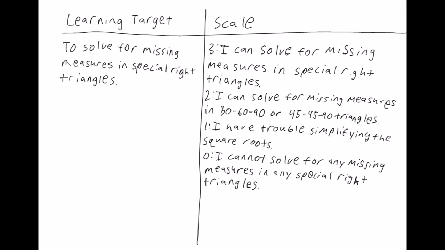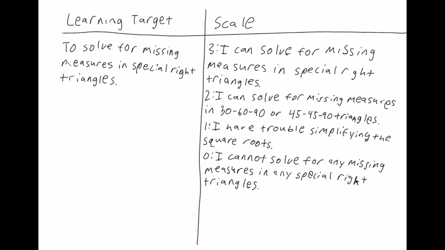So special right triangles are either 30, 60, 90s or 45, 45, 90s, and you're a 2 if you can solve one but not both. 1, you have trouble simplifying the square roots. So when you go to solve for one of those triangles, your issue is with the square roots. And 0, you cannot solve for any missing measures in any special right triangles.